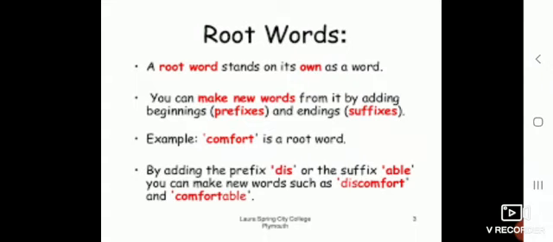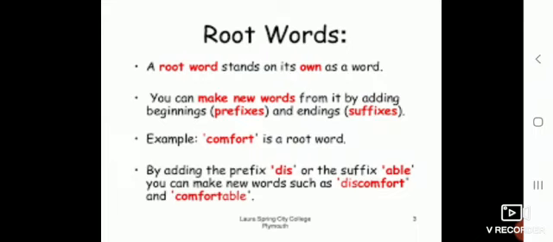And if we add the suffix able, you can make a new word, that is comfortable. If you add the suffix able, the root word will have another meaning, or we get a new word, comfortable.